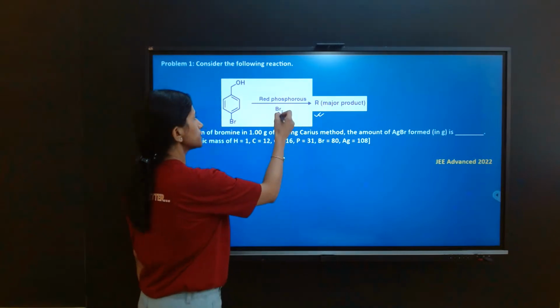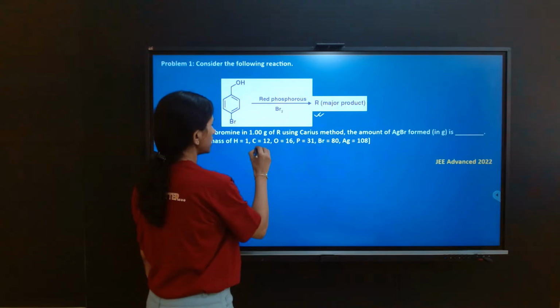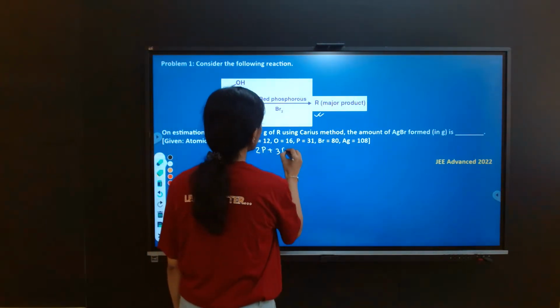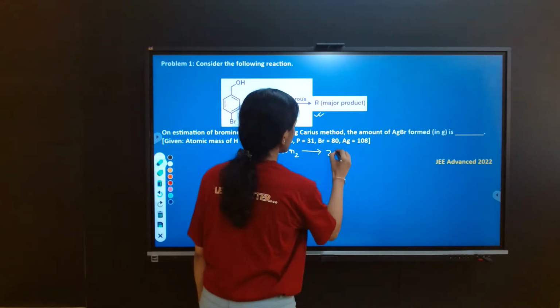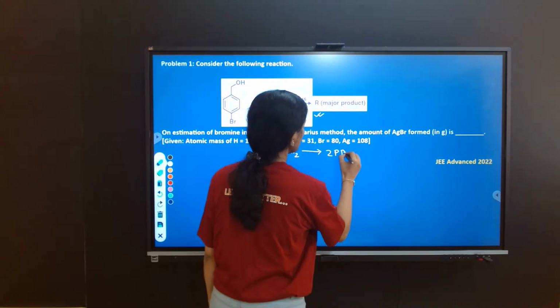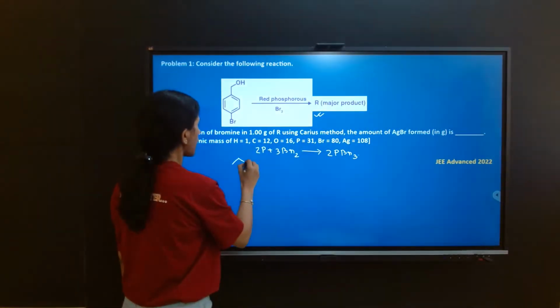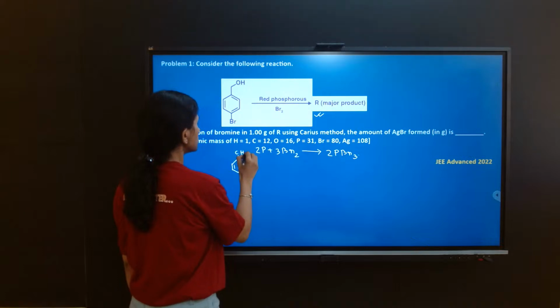Because red phosphorus is reacting with bromine, we can write 2P plus 3Br2. This will generate 2PBr3. Right. Now I am drawing the given alcohol, that is this one.